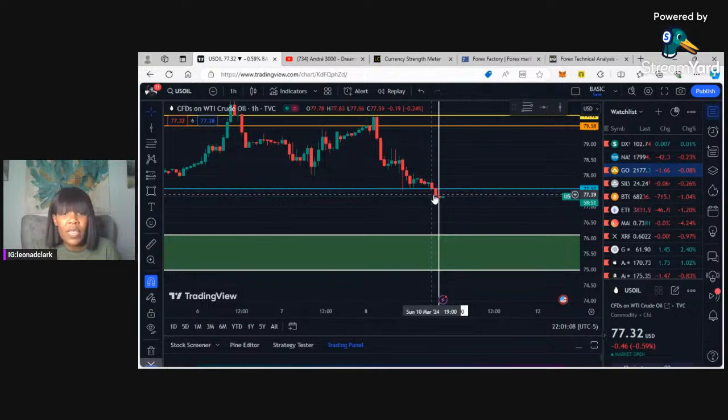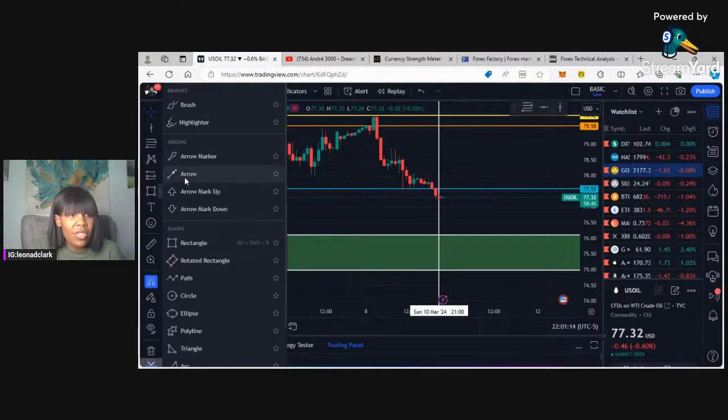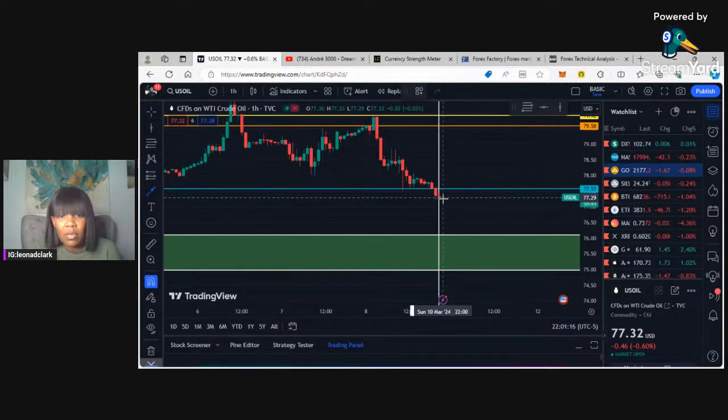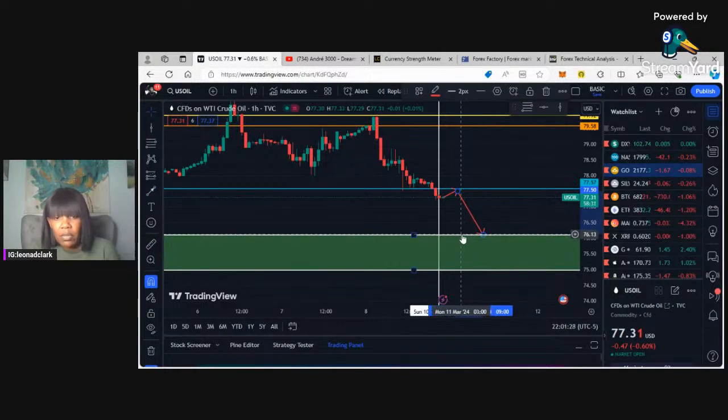So for those of us that prefer the conservative route, what we would be looking for is price to push back up, retrace to our previous week high here, and then push down for the sell. Okay, this will be our take profit one.